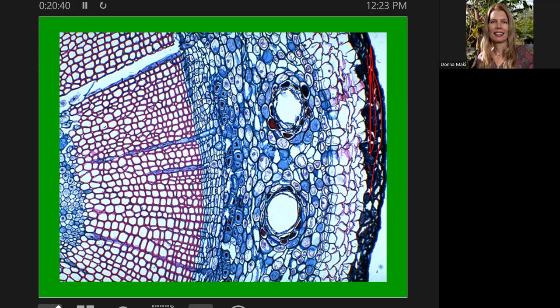Like these really aren't that much smaller than these. So usually tracheids are noticeably smaller in diameter, like really different. And that's what was kind of cluing me in. And then I looked at the notes section and it's a ginkgo. And ginkgo doesn't have the vessels.